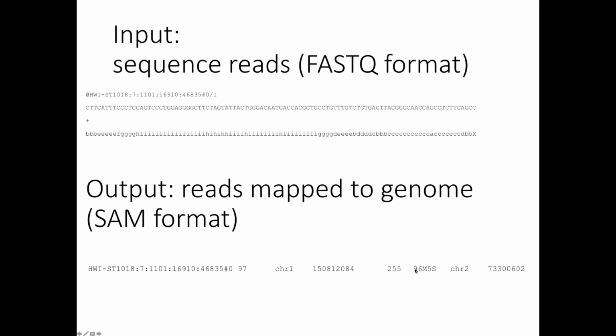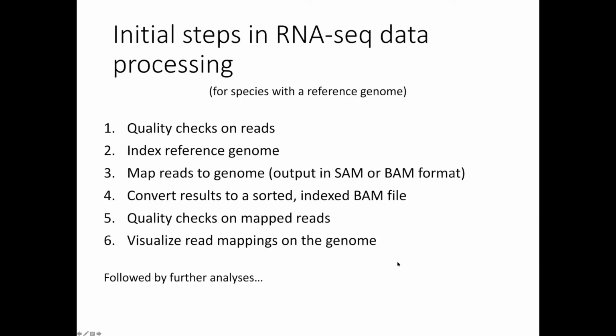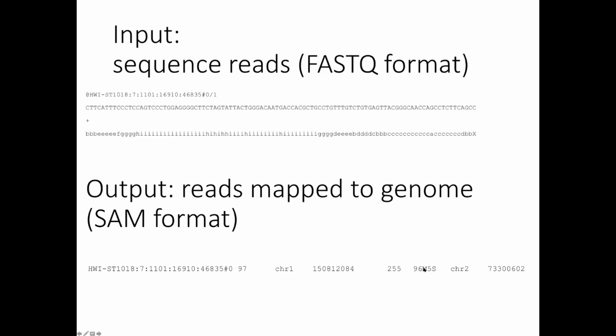And here you can see this question that was asked, which is this? So for this specific read, 96 of the nucleotides mapped to the correct location, but there was 5S.